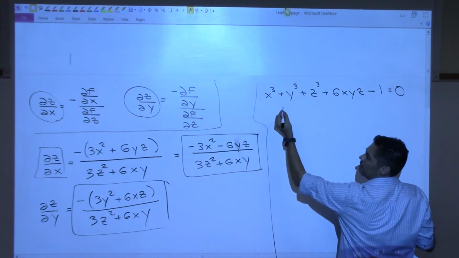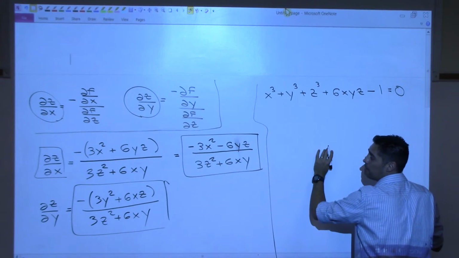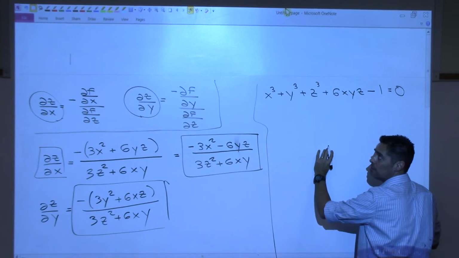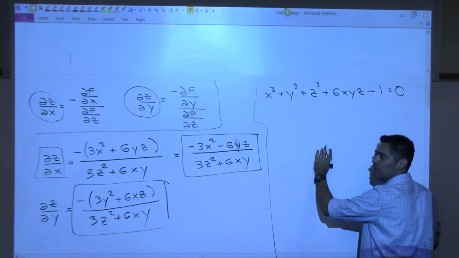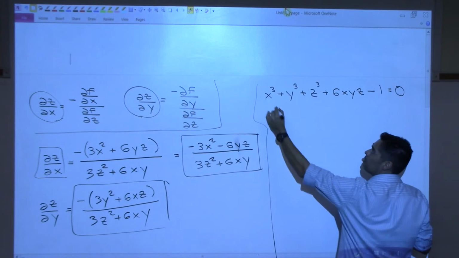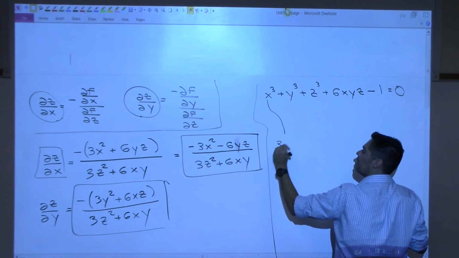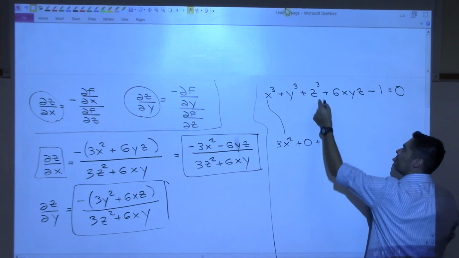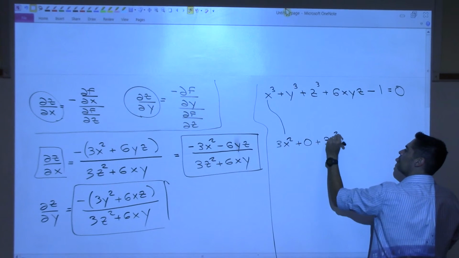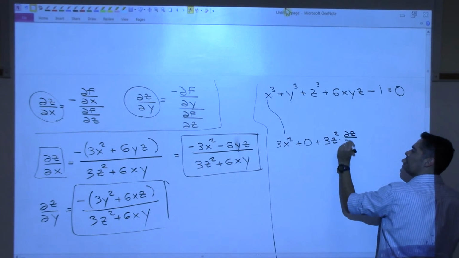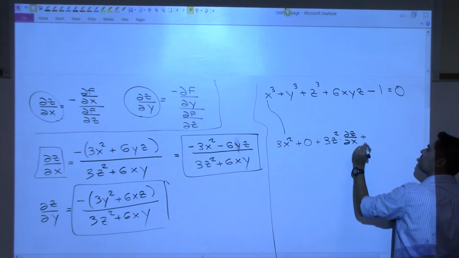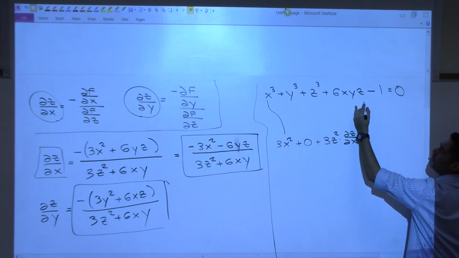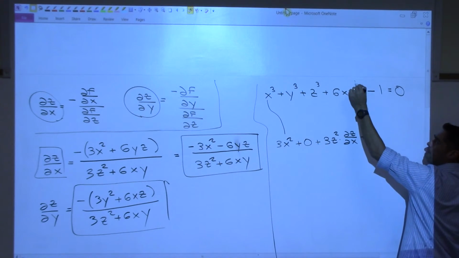I'm going to take the partial of z with respect to x. So that means I'm going to treat y like a constant, z as if it depends on x, and x as if it's my variable. So what's the derivative of this? 3x squared plus derivative of that plus derivative of this, partial z with respect to x, plus derivative here, product rule, right?